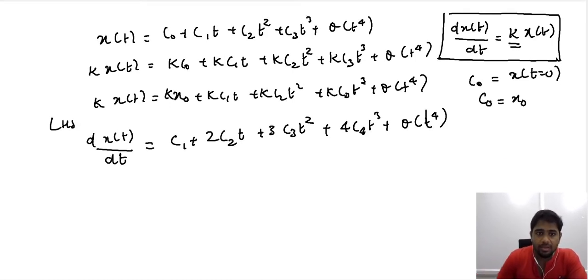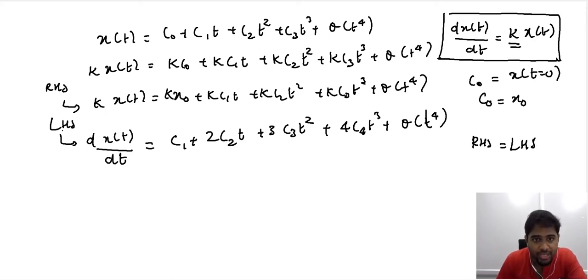Now the right hand side of the expression: this derivative is equal to the product of k and x of t. So this is the RHS. We have our LHS, we have our RHS. We have already established that the starting point of this problem is that the RHS is equal to the LHS.